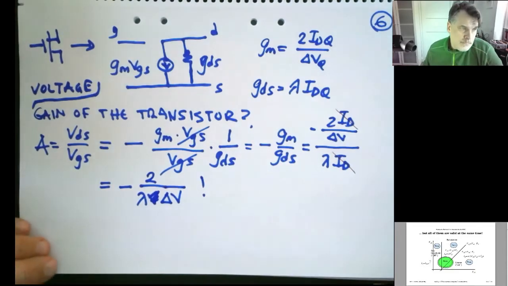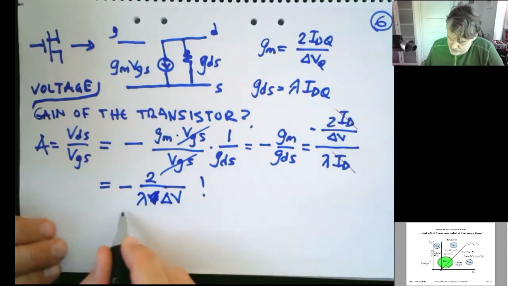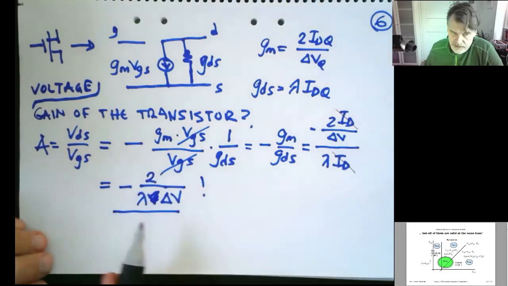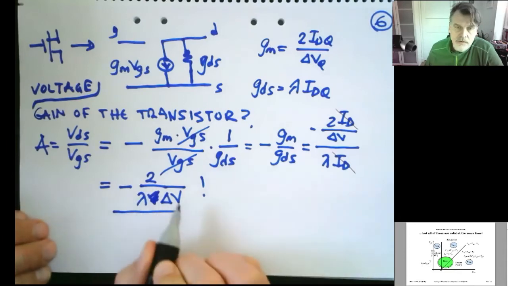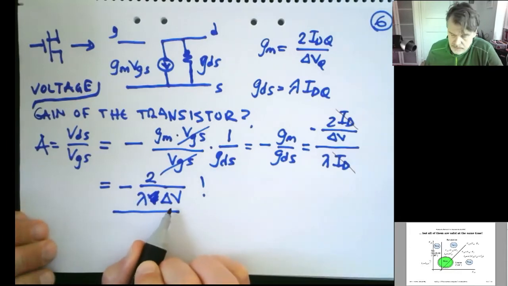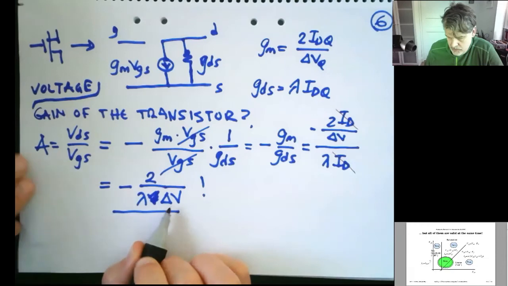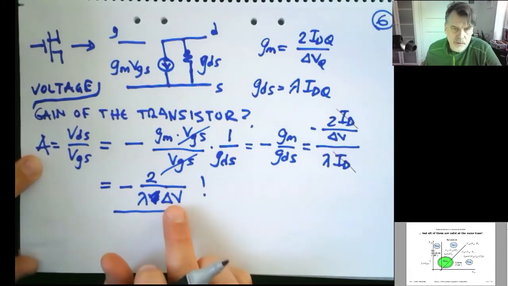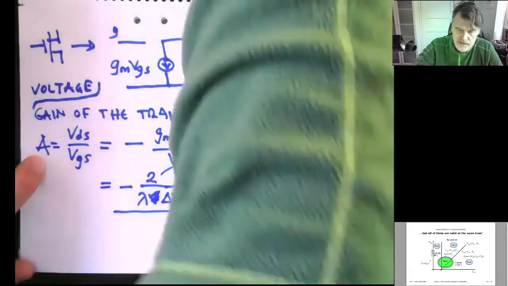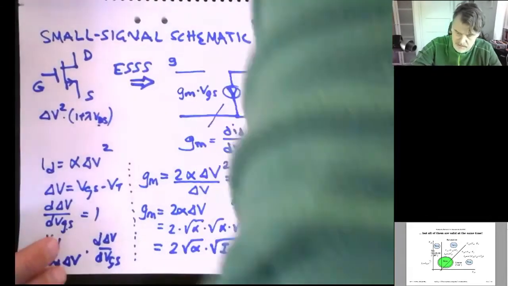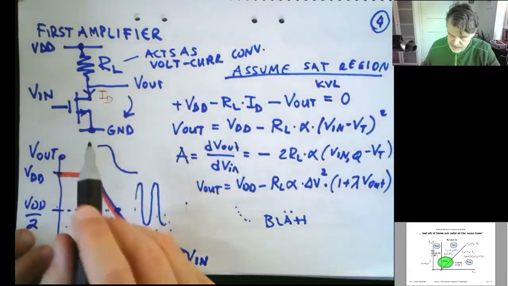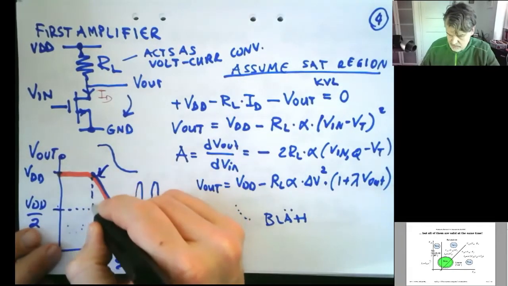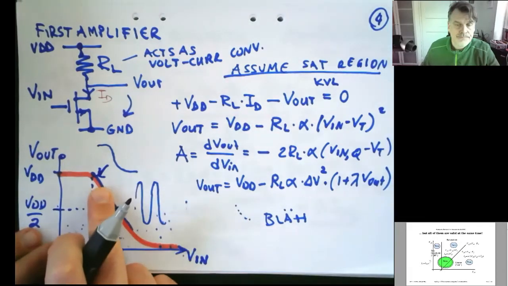Right. So an important conclusion here is that the current is there indirectly, but it's not obvious in the formula. Instead, the delta voltage is obviously in the formula, which implies that the gain is the highest when you pick the smallest delta V. So that means if we go back to our amplifier here, I get the highest gain when I put myself as close as possible to this VT edge here.